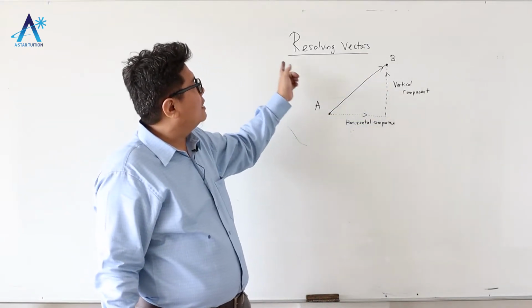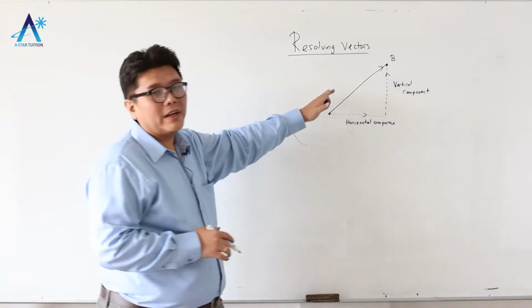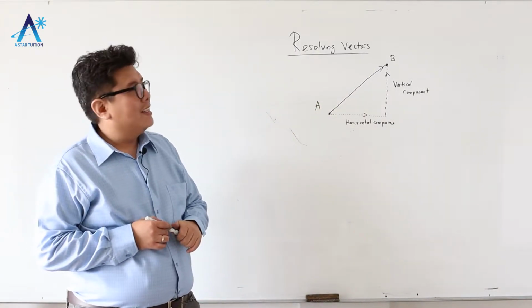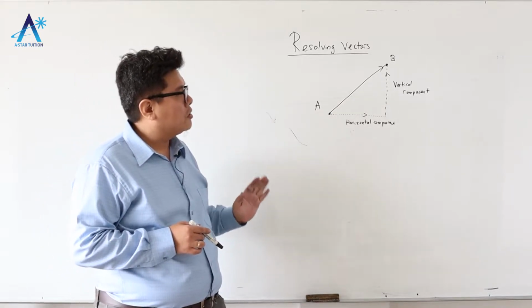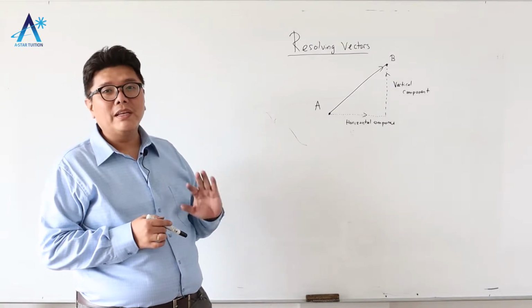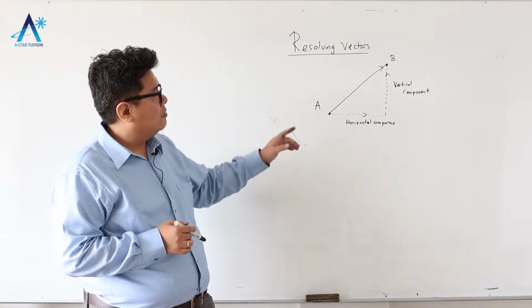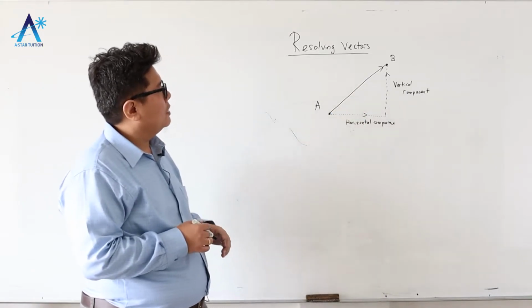These are the components of the vector AB. So in order to do that, we need to use basic trigonometry to find the horizontal and the vertical components.